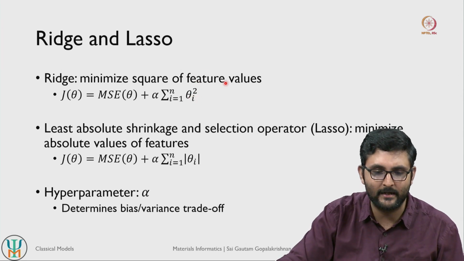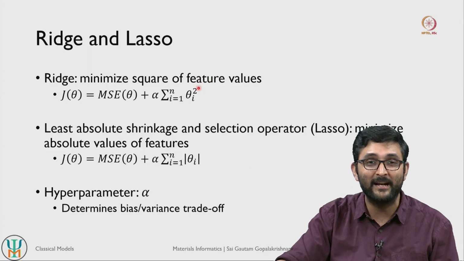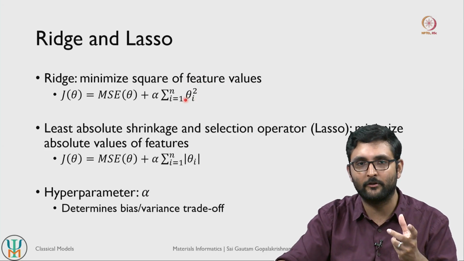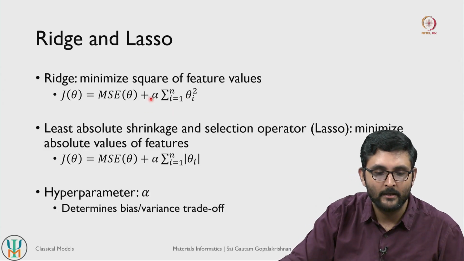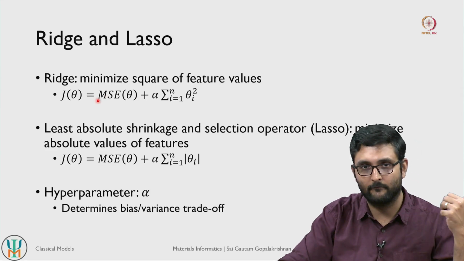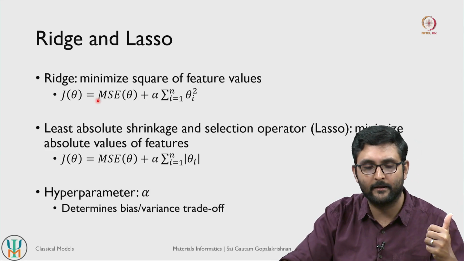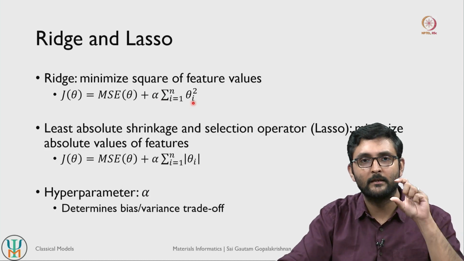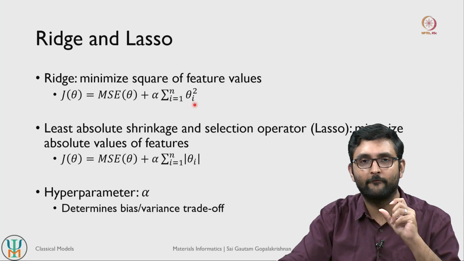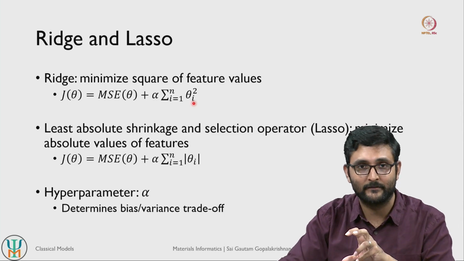This should actually read as weight values instead of feature values. So thetas are your weights associated with your individual features. So you not only reduce the mean square error of your model that we reduced in our linear regression, but you also reduce the squared magnitudes of your weights and bias terms, right.